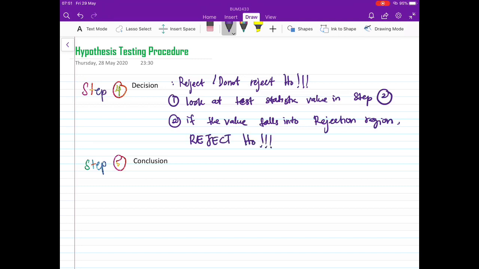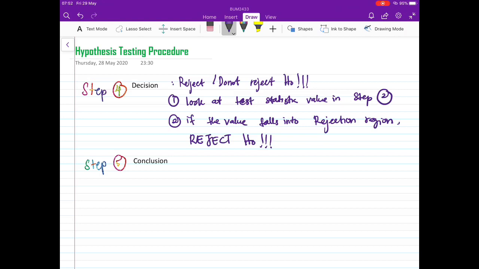So in step number 4, we talk about H null, the shaded region. If the value in step 2 falls into the rejection region, or your shaded region, you must reject H null. That is your decision. And step number 5, we call it conclusion.